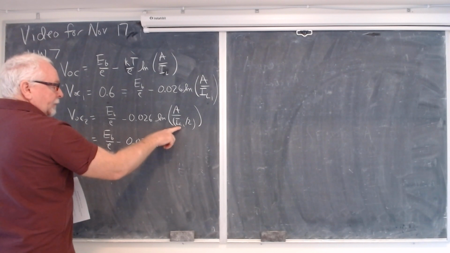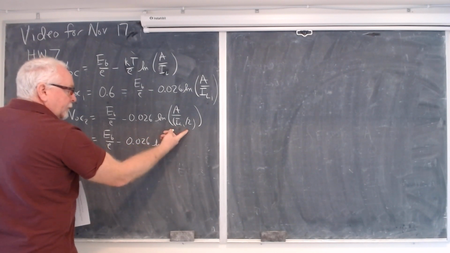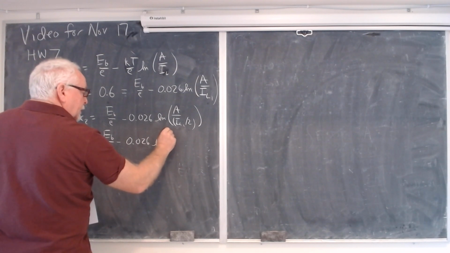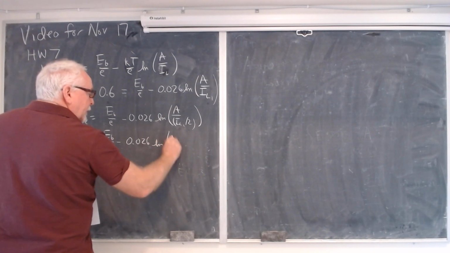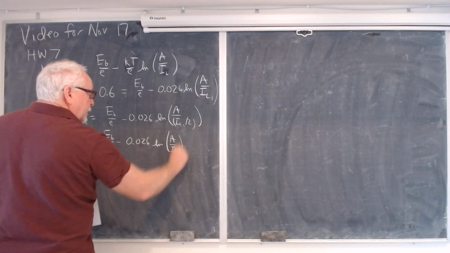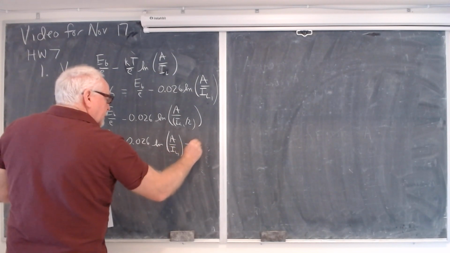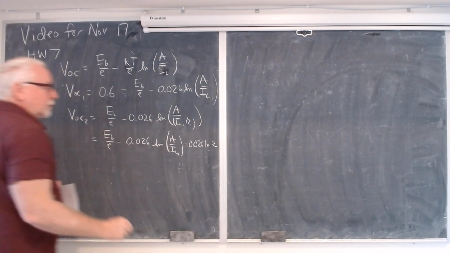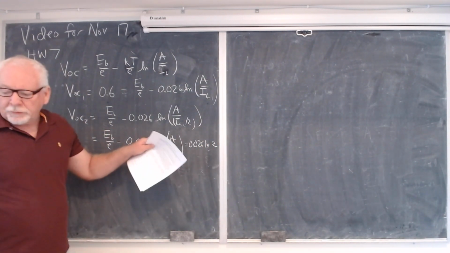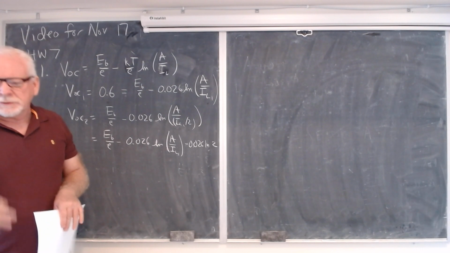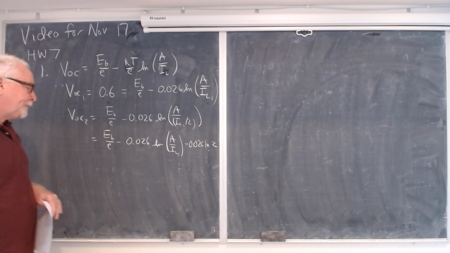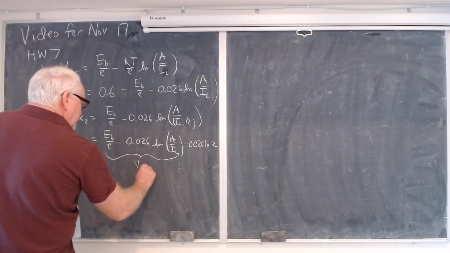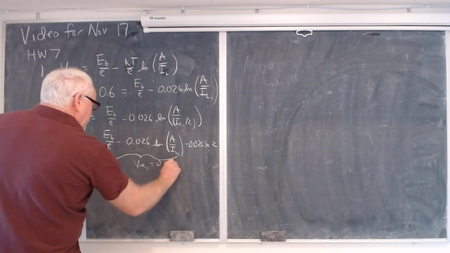If you have the light level divided by 2, the 2 goes on top, so this becomes the logarithm of A over IL1 minus 0.026 logarithm of 2, because of the property of logarithms that the logarithm of A times B is the logarithm of A plus the logarithm of B. But this is VOC1, equal to 0.6 volts.